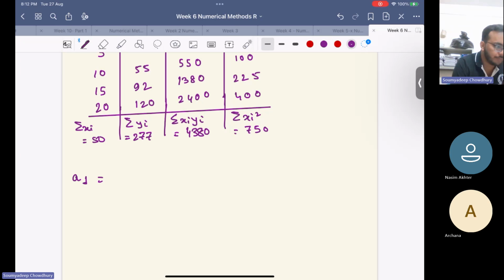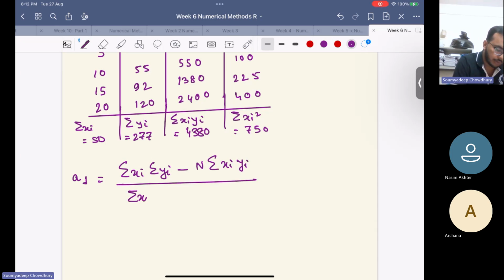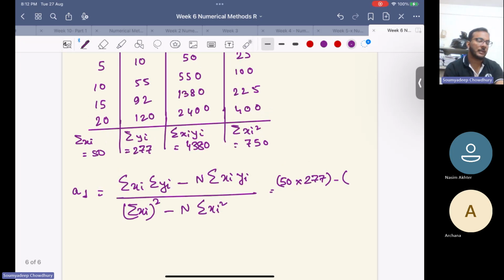So now we just have to substitute, right? What is A1? A1 is n summation xi yi minus summation xi summation yi, by n summation xi square minus summation xi whole square. So summation xi is 50 into 277, minus, what is n? N is the number of data points, right?